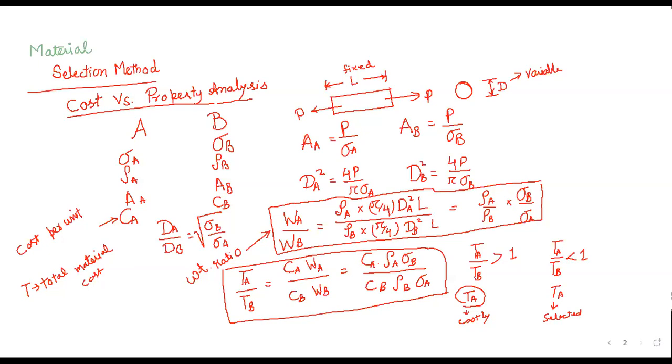Similarly, let's say a material is designed for bending stiffness. In the first case, it was designed for tensile strength.